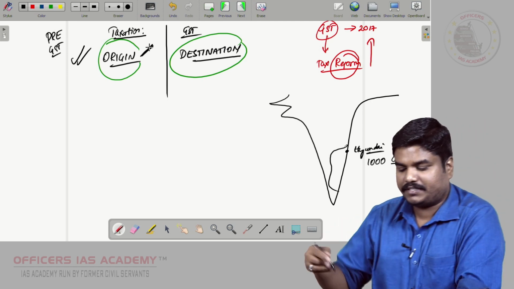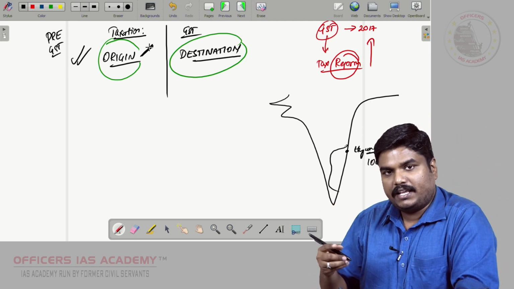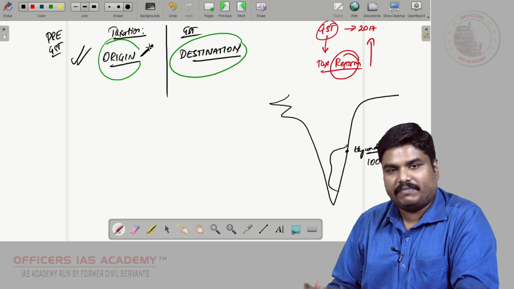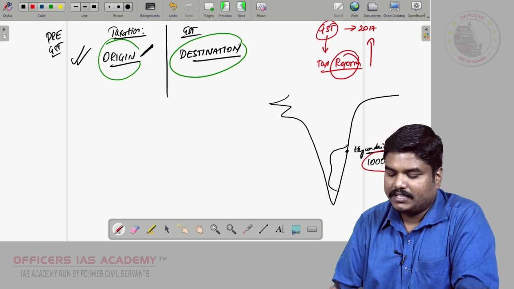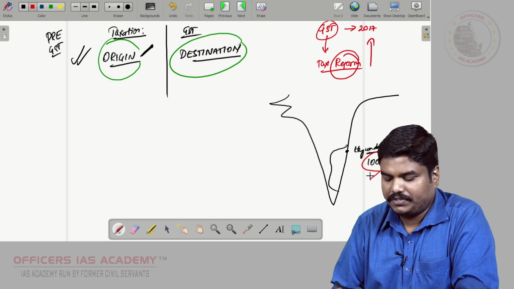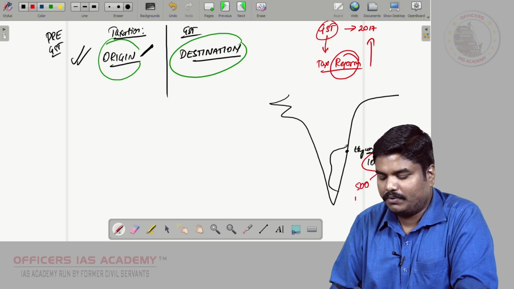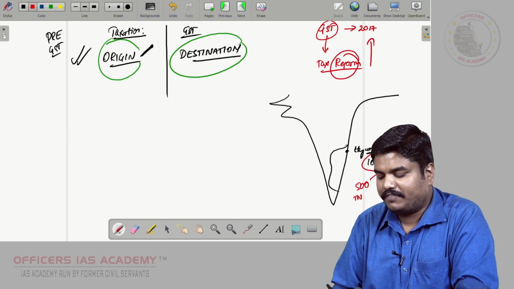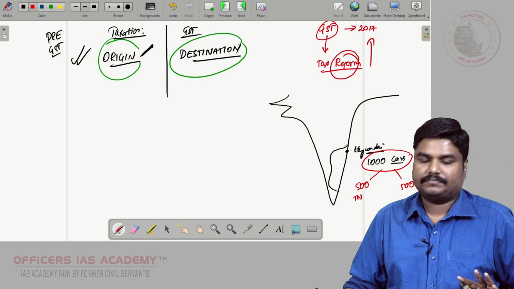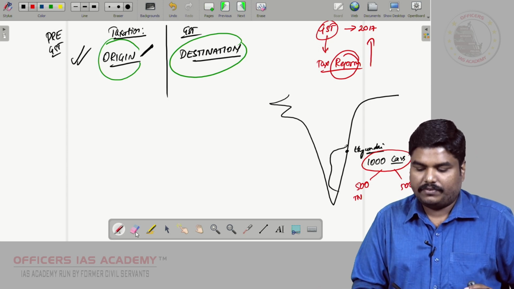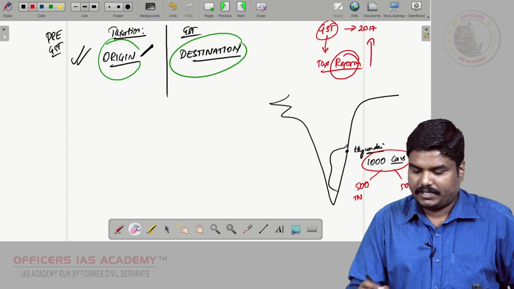Let me explain that first. In Chennai, we had a Hyundai car company. They manufacture 1000 cars. Now, in this 1000 cars, assume that 500 cars are sold in Tamil Nadu itself and 500 cars are sold in Maharashtra.